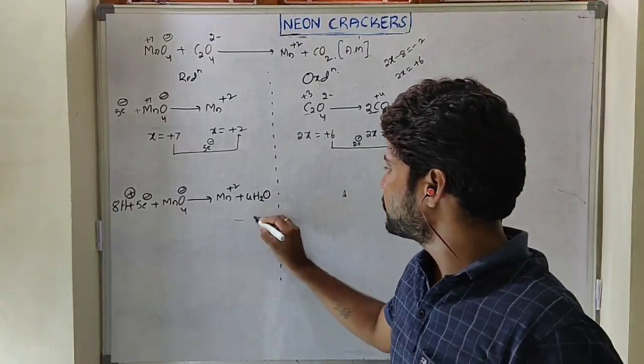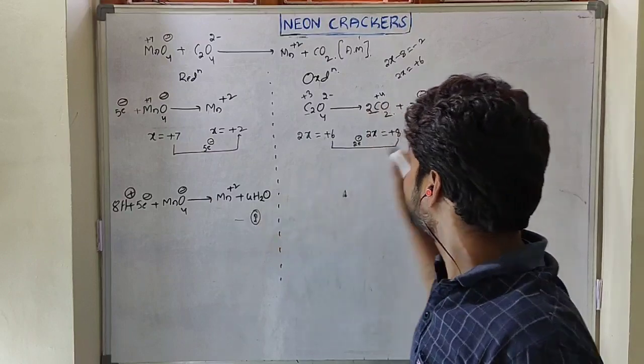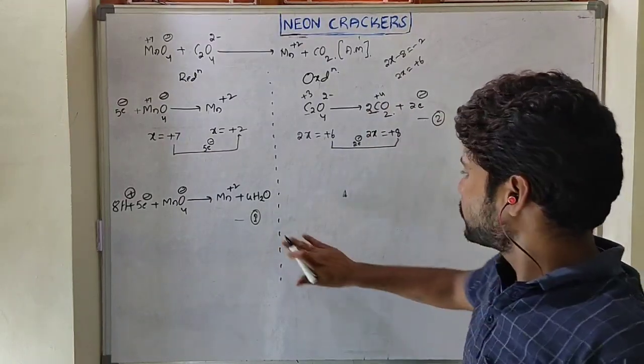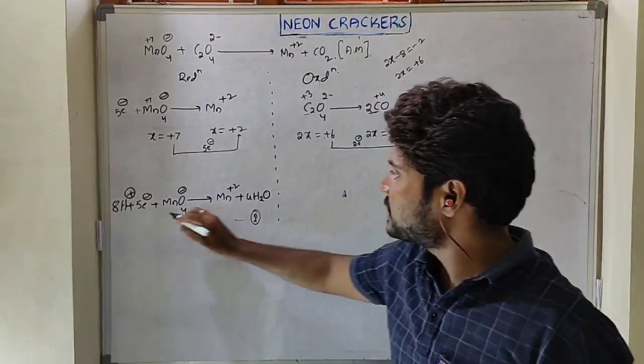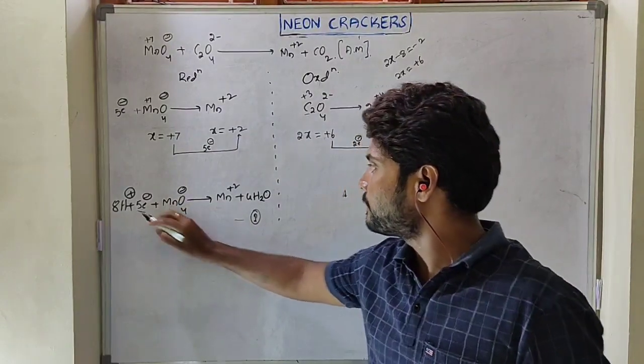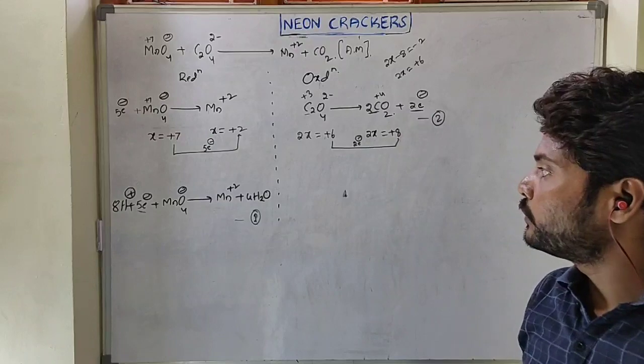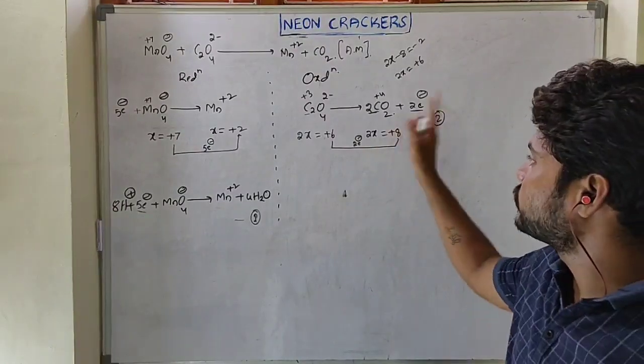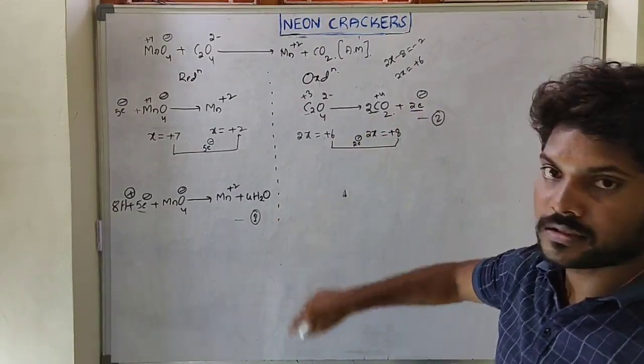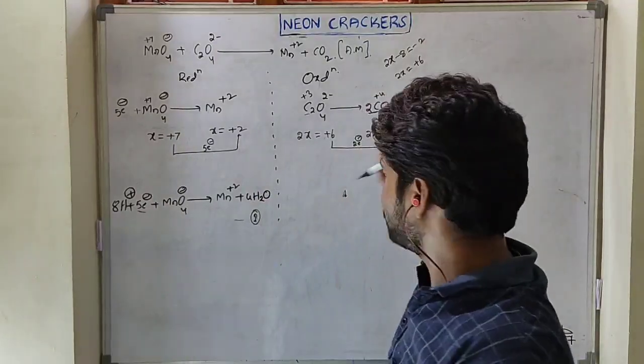So this is the first equation, this is the second equation, right? In the first equation the number of electrons is 5, in the second equation the number of electrons is 2. So we have to balance these two equations, I mean these two electrons, right? So here this is 2 and this is 5.